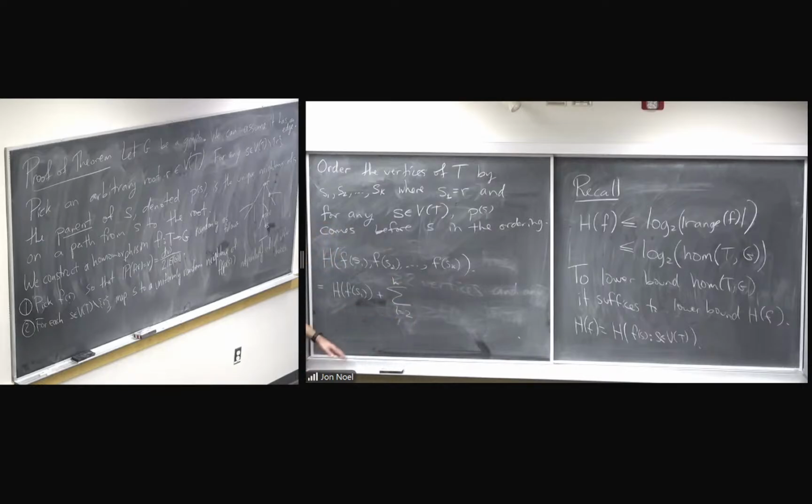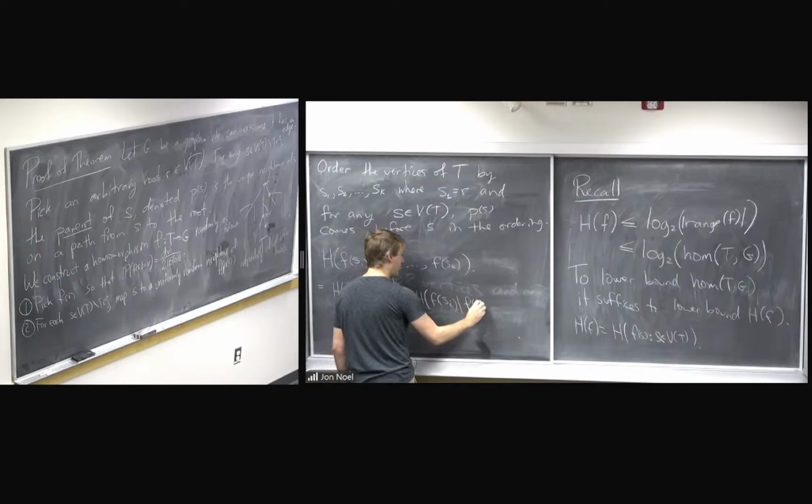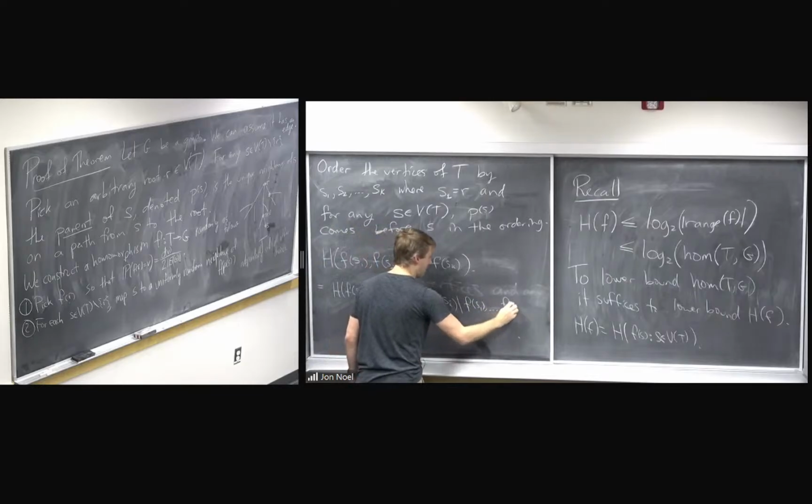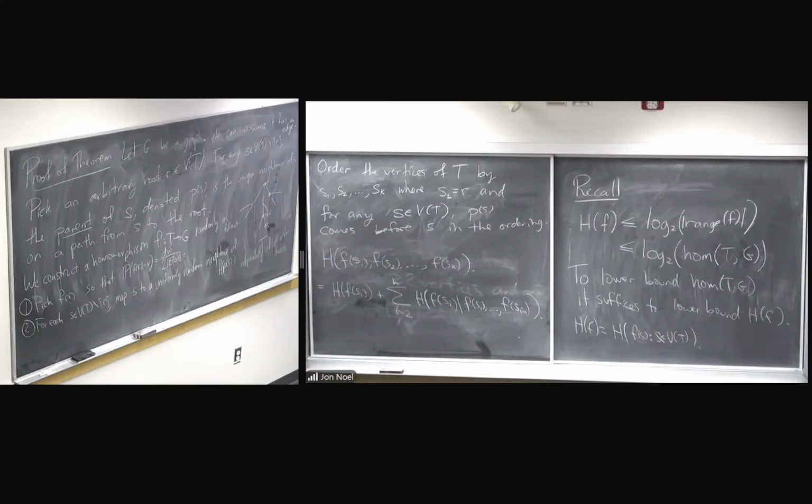Okay, and then I can sum over i from 2 to k of the entropy of the image of the ith vertex given everything that came before it. So f of s1 up to f of s_{i-1}. Okay.